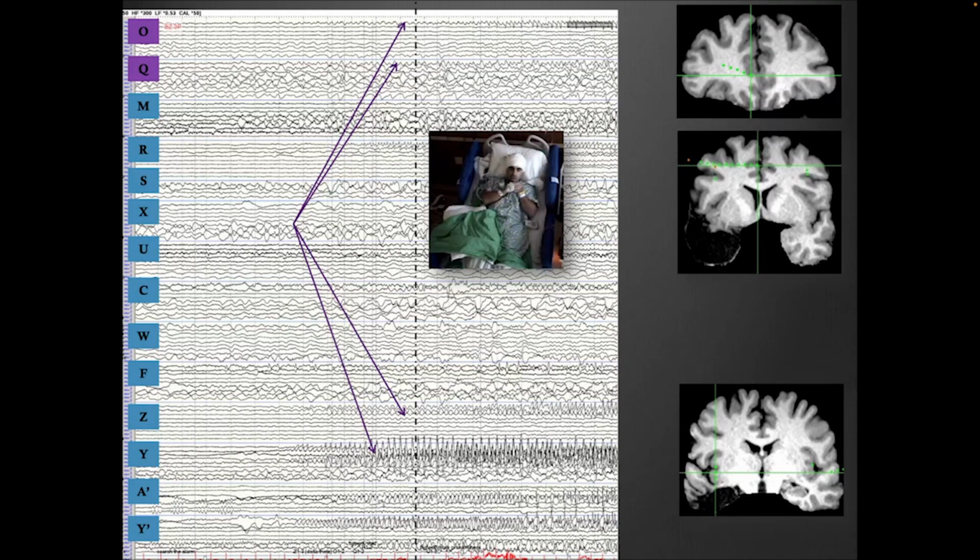And also at the bottom, you see A prime and Y prime. That means it's a contralateral propagation exactly at the same time. And so the seizure progresses, and you see now he is turning to the right. We have now the seizure in R electrode will reach the opercular insular region as here, R and U mesial.